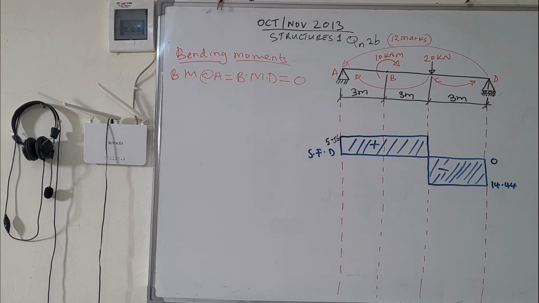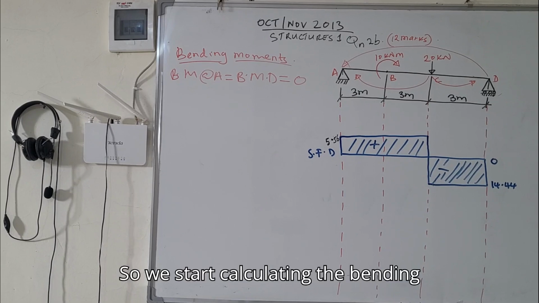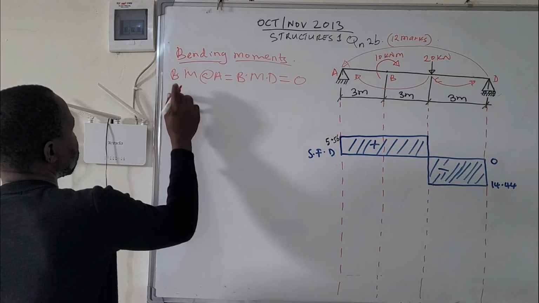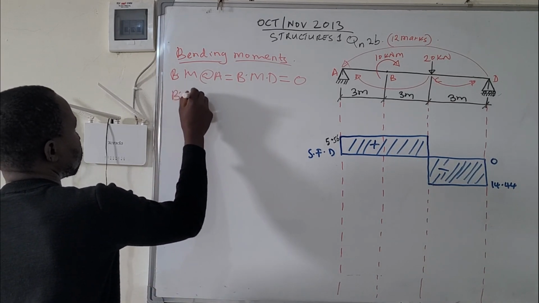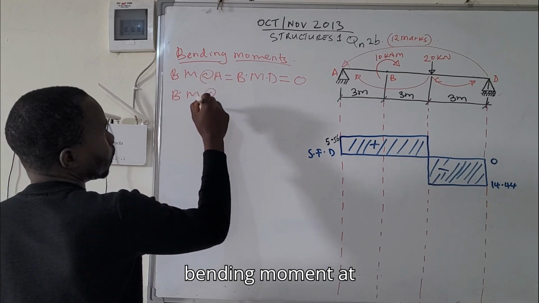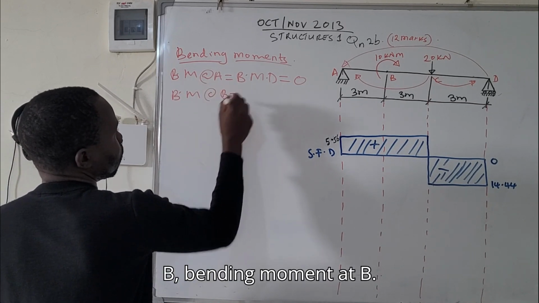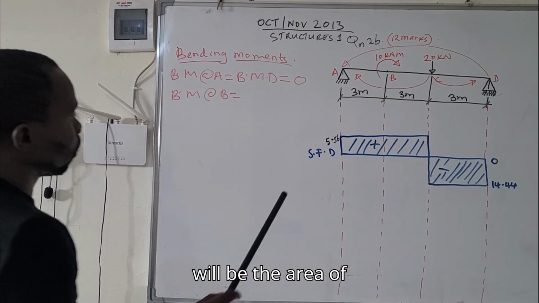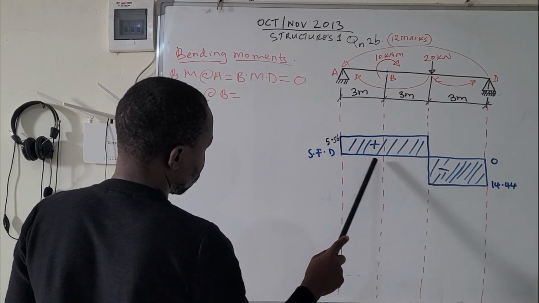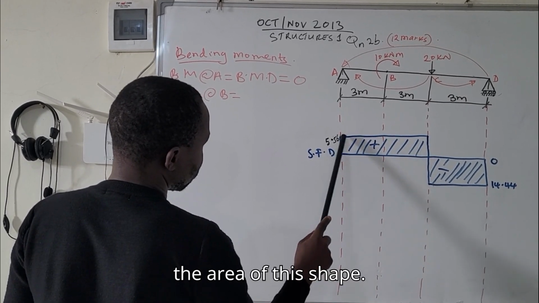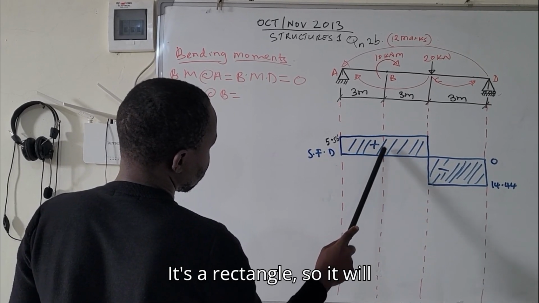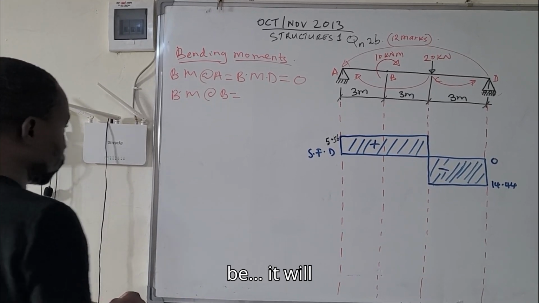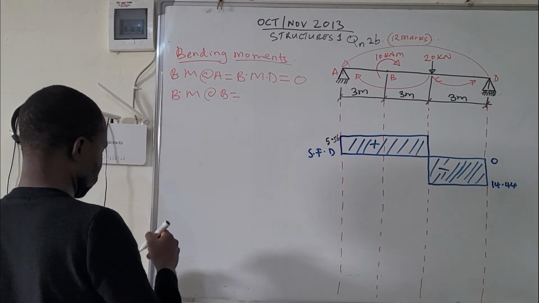Again, we start calculating the bending moment at other points. So bending moment at B will be the area of this shape. It's a rectangle, so it will be length times width.